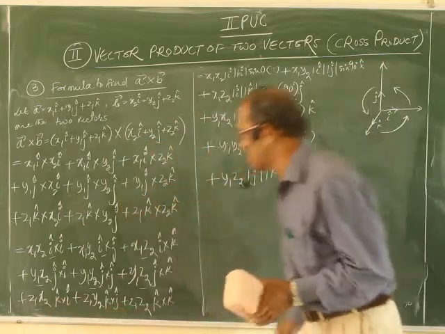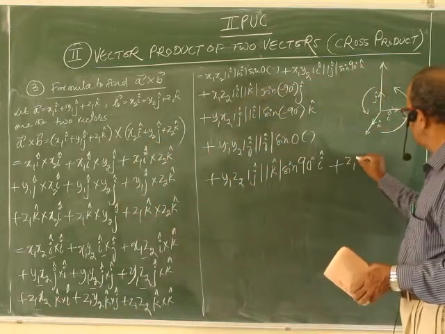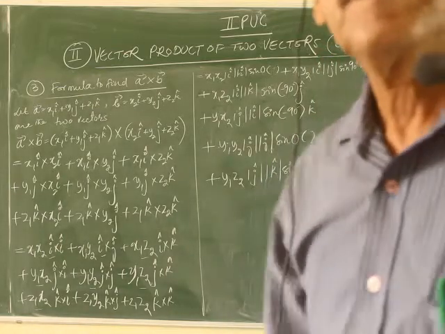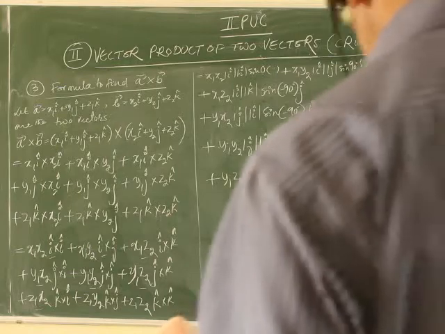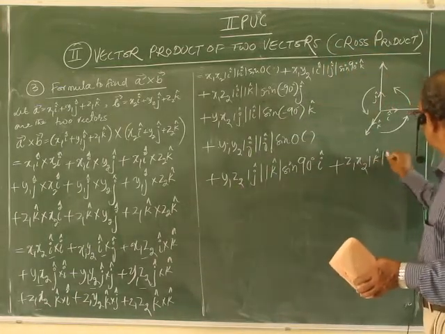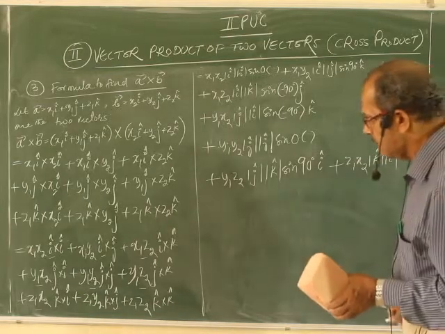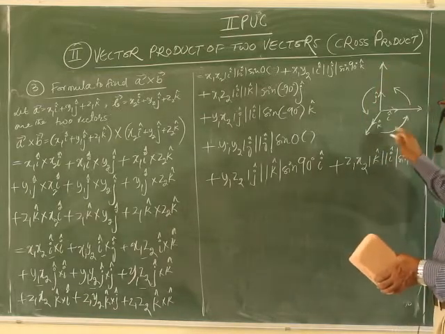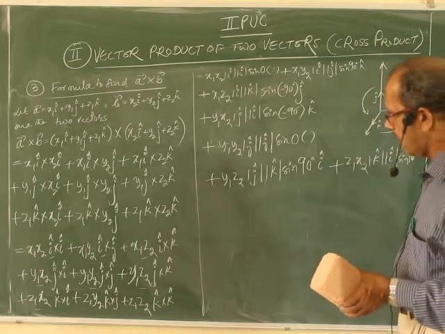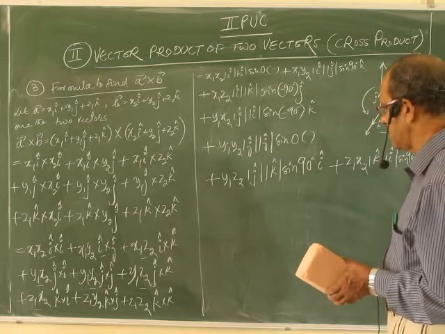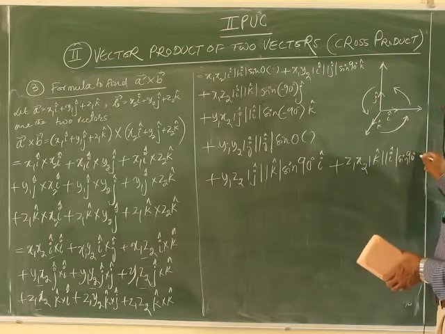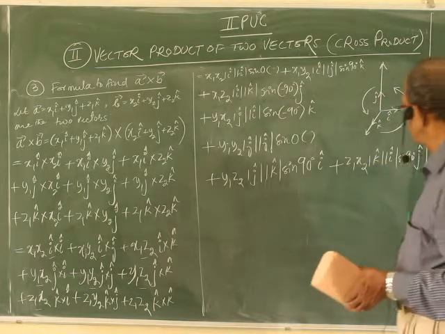Plus z1 x2 mod k mod i, sine k to i positive 90 degree, k to i positive, z1 x2 positive. Unit vector perpendicular to this is j.